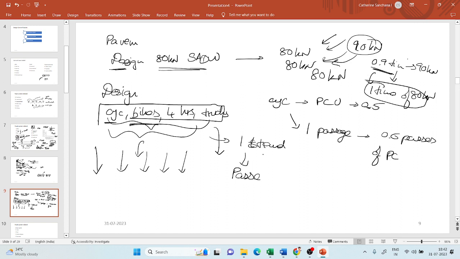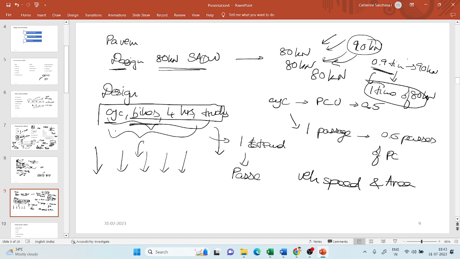Whereas for this passenger car unit, there is also the equivalence achieved based on the vehicle speed and the projected area.